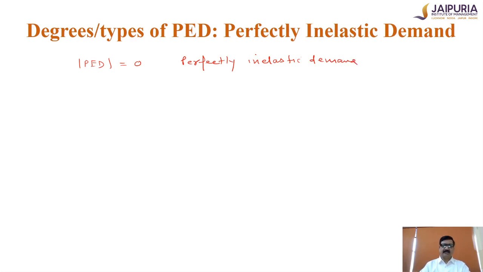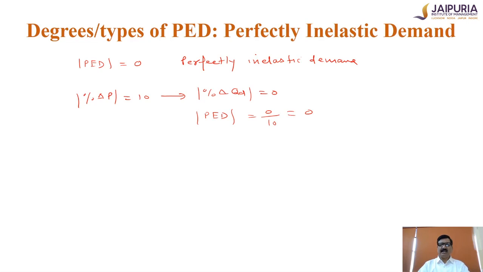Again, take a numerical example. Suppose the percentage change in price is equal to 10 and it leads to a percentage change in quantity demanded, which is equal to 0. So in this case, PED will be equal to 0 upon 10, that is equal to 0.